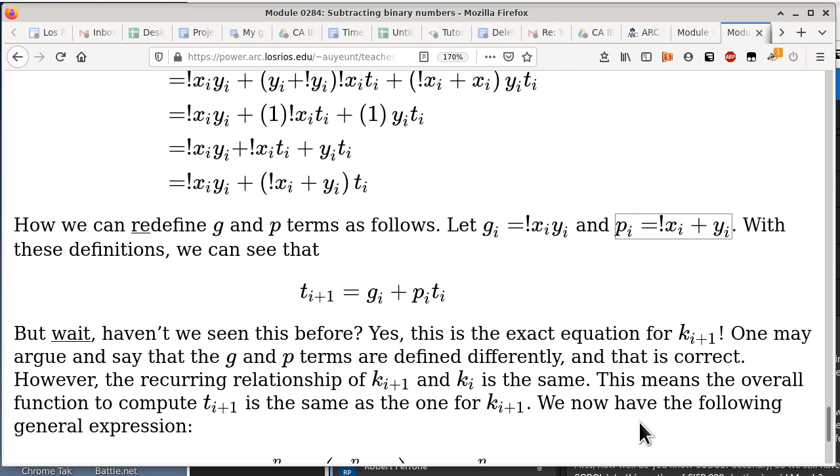Because the only difference between this and the equation for addition is in addition we have k instead of t. That's it. So that means all the derivation that we did for addition would still work here. We just have to replace all the k's for carries with t's for takes.